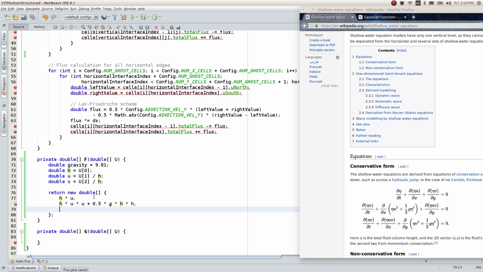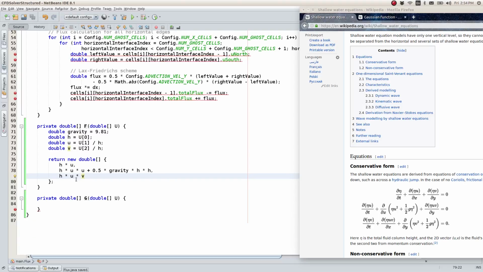Okay, so we have h u squared plus half g times h squared, this is gravity, and the last is going to be h multiplied by u multiplied by v. So we have f defined.